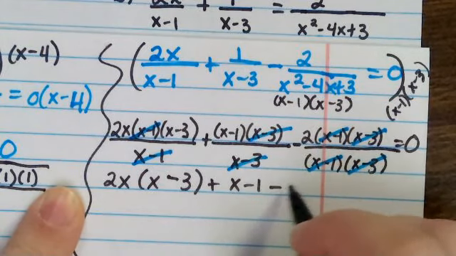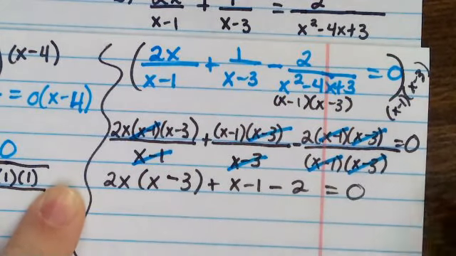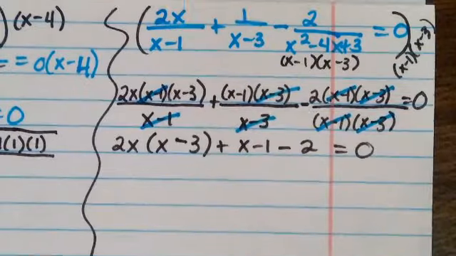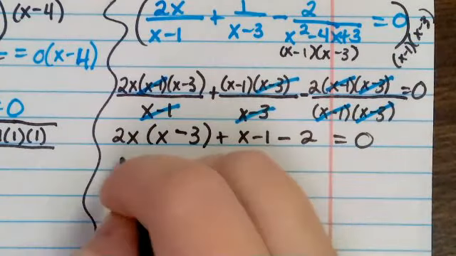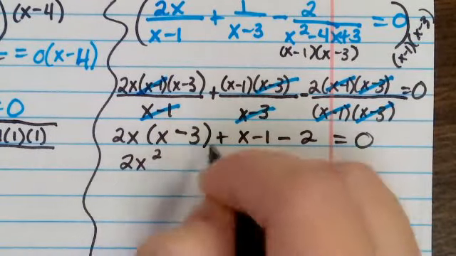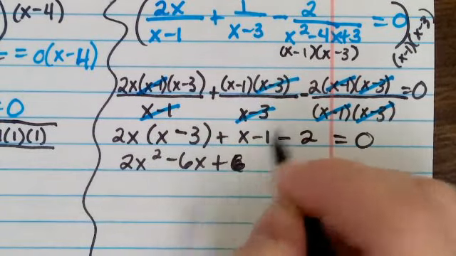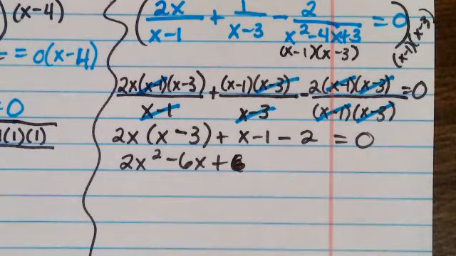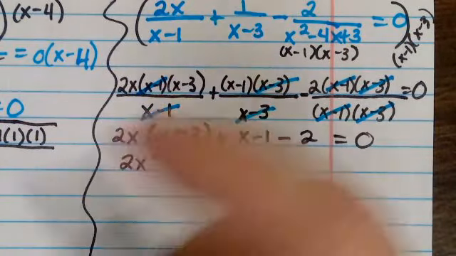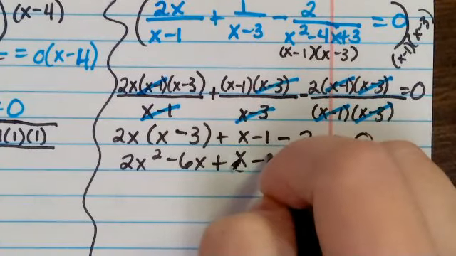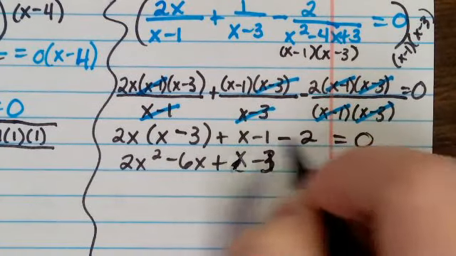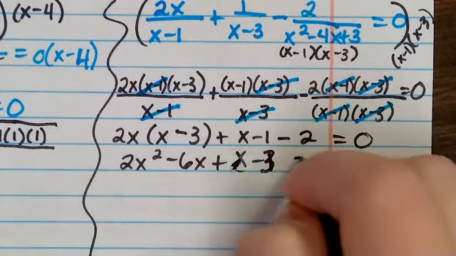Over here, we have a minus 2 equals 0. So the idea is we got rid of the fractions. We're going to distribute the 2x. So we got 2x squared minus 6x plus x minus 3, because negative 1 minus 2 is negative 3.